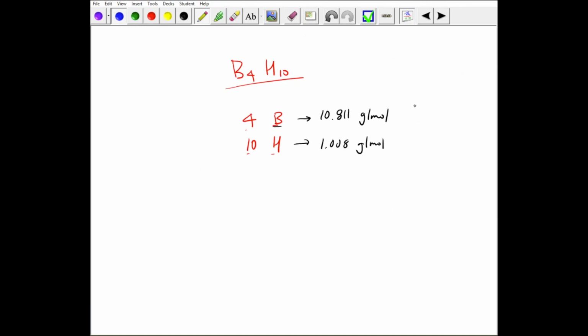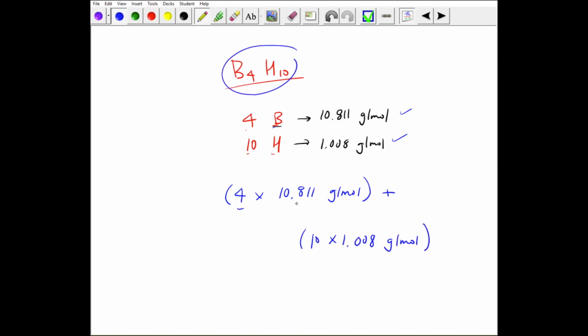So now that we have the individual atomic masses of boron and hydrogen, we need to account for that there are 4 borons and 10 hydrogen atoms in this molecule. So 4 times this and 10 times this. Then we add them together. So for B4H10, we get 53.324 grams per mole, or atomic mass units.